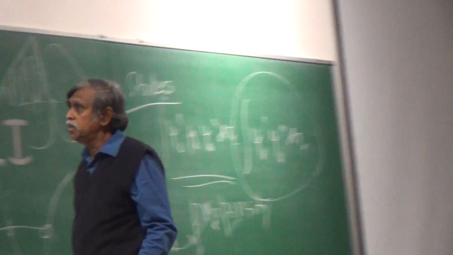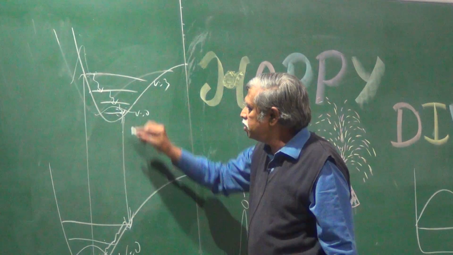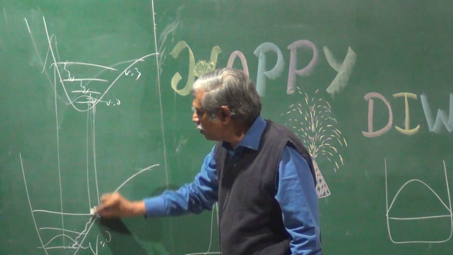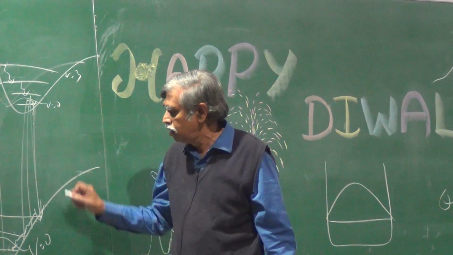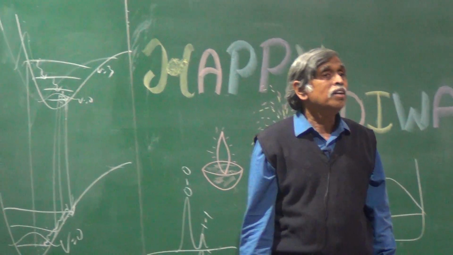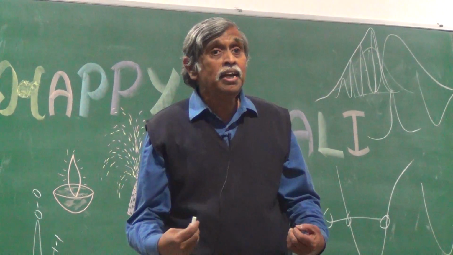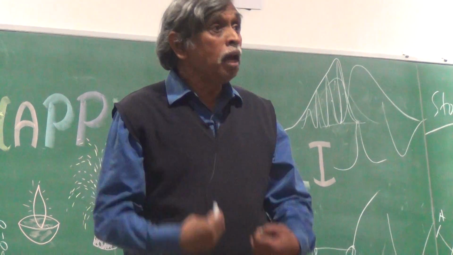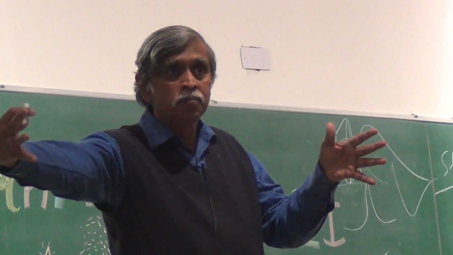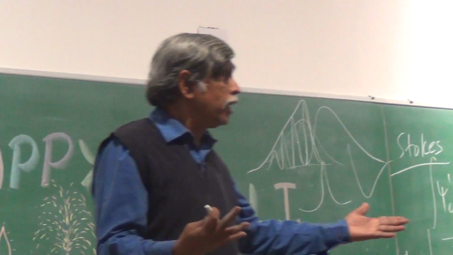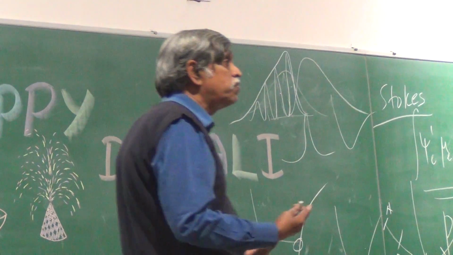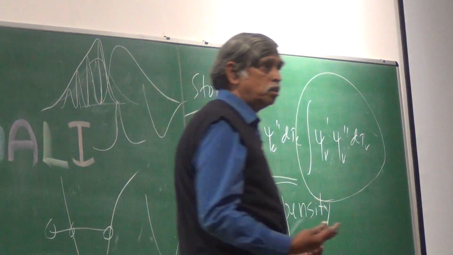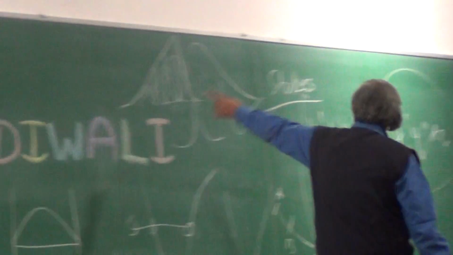Why would I get a progression? Because this is shifted relative to this. I probably will make a transition here, here, and here. I'll see a whole bunch of levels out here, and the Franck-Condon principle again dictates that the emission is quite broad. Absorption is quite broad again, because the two curves are shifted relative to each other. And that's the reason why you see this.